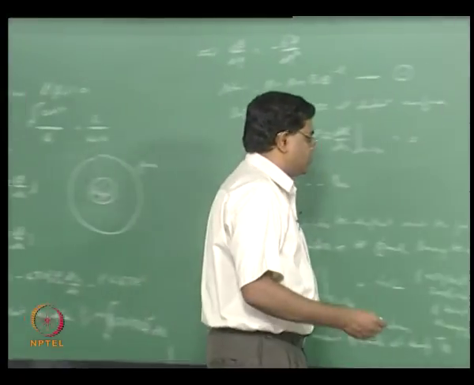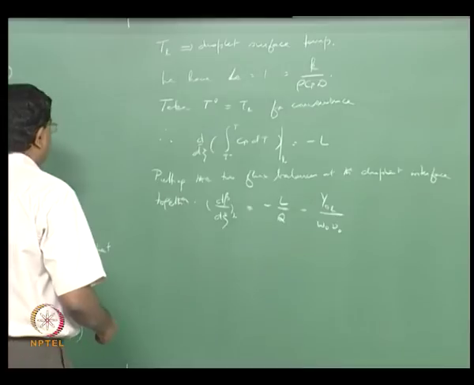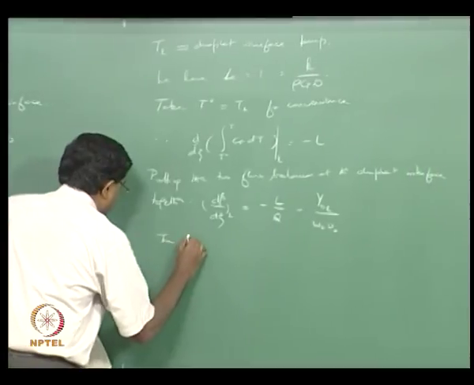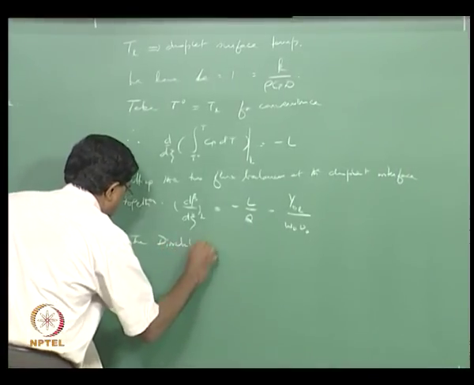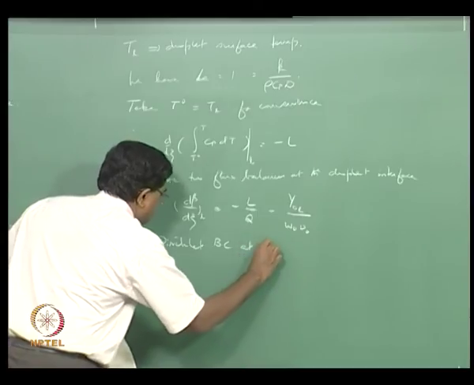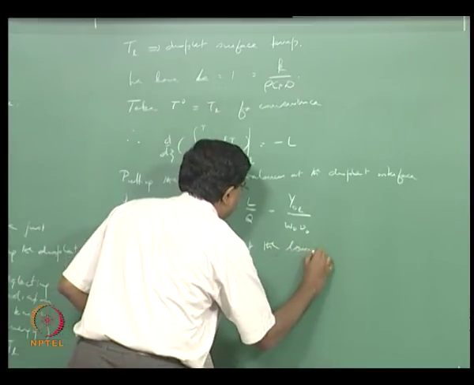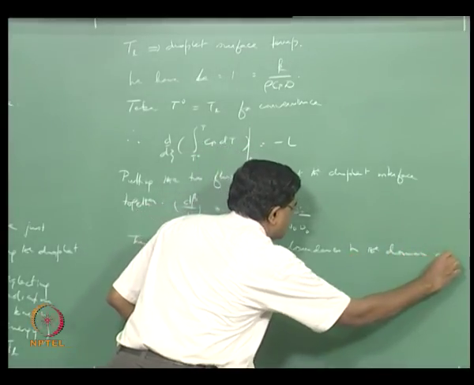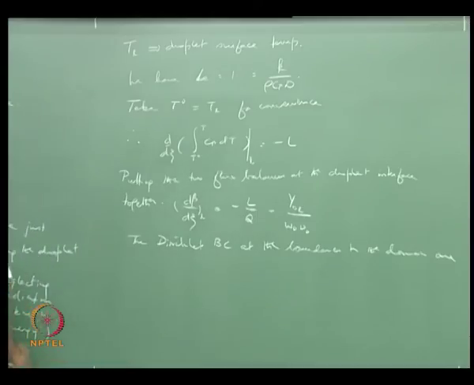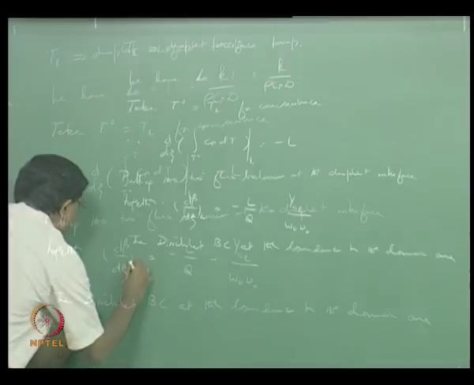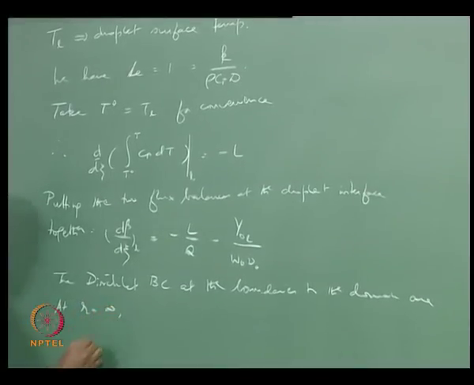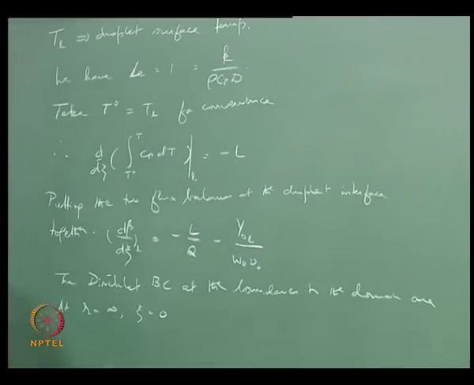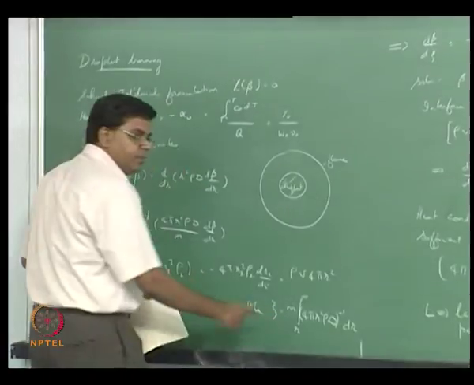So the Dirichlet boundary conditions at the boundaries of the domain R. We should say at R equals infinity, psi equal to 0, okay, at R equals infinity, psi equal to 0, right?